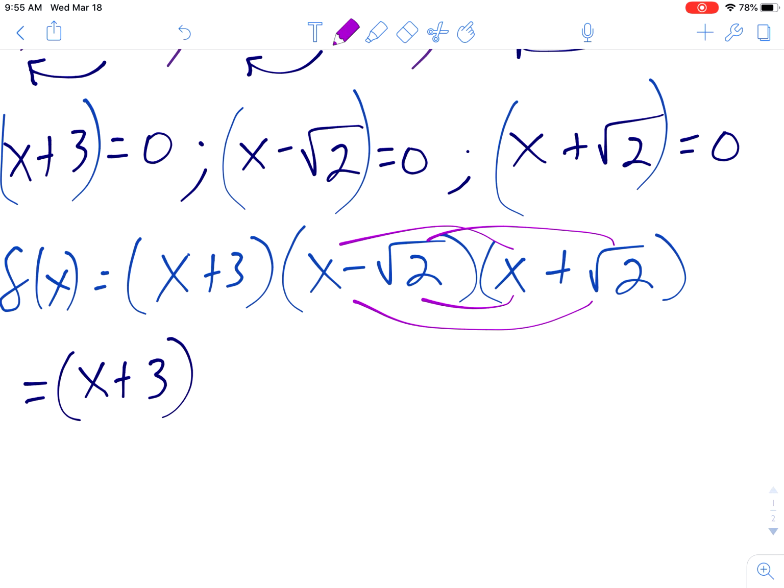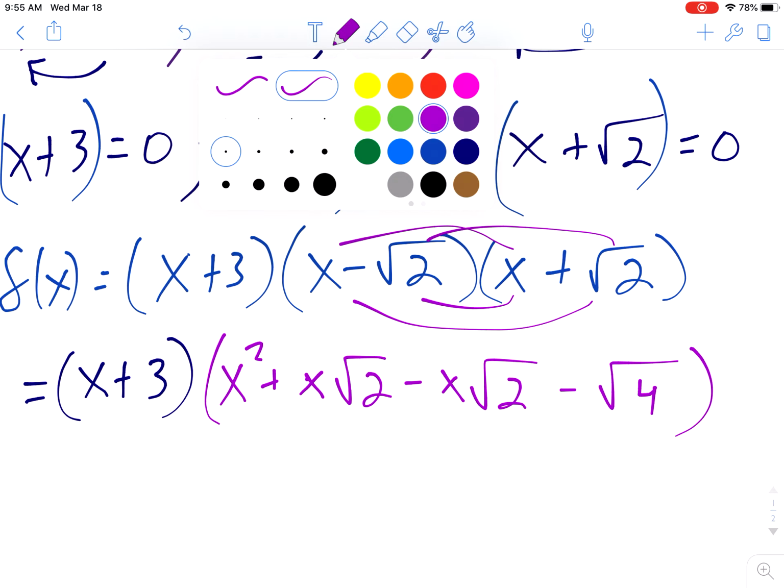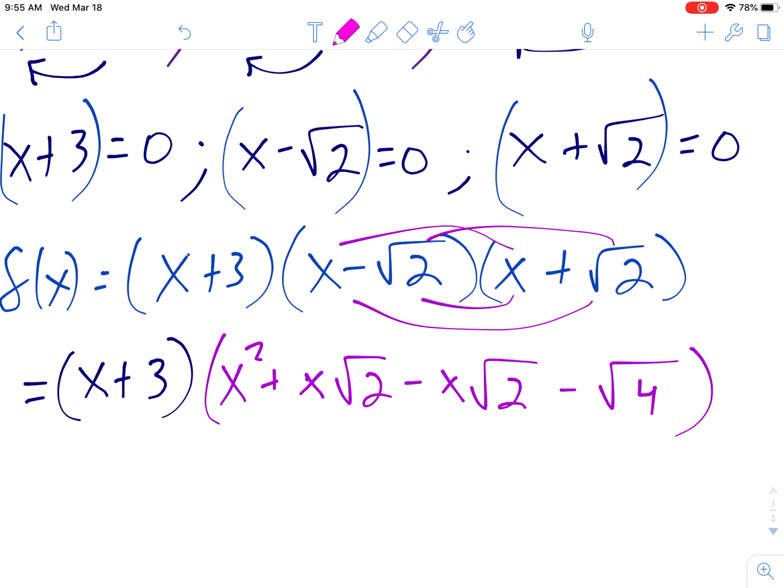And if you do that properly, you'll see what happens. If you do it properly, your radicals should end up disappearing. Because that's what happens with conjugates, if you do it right.